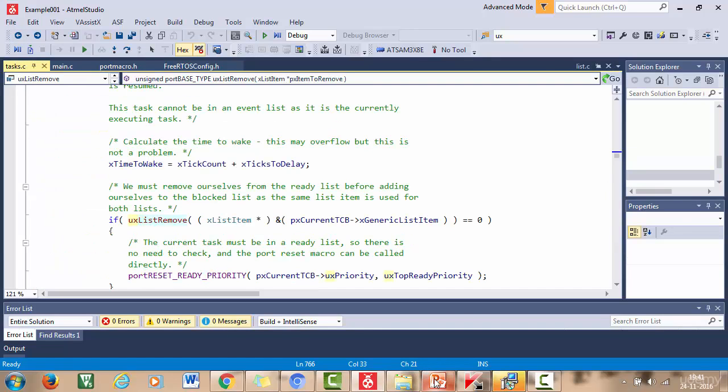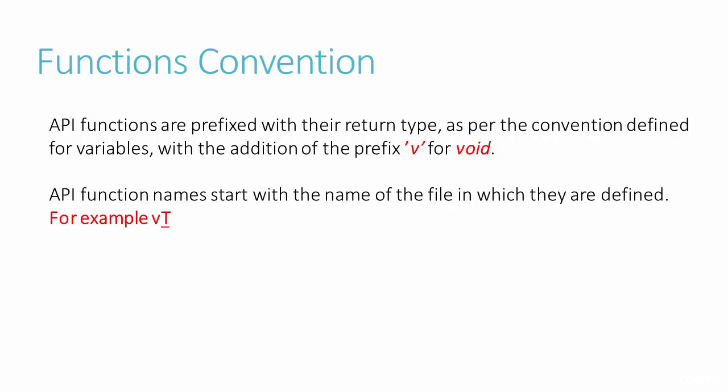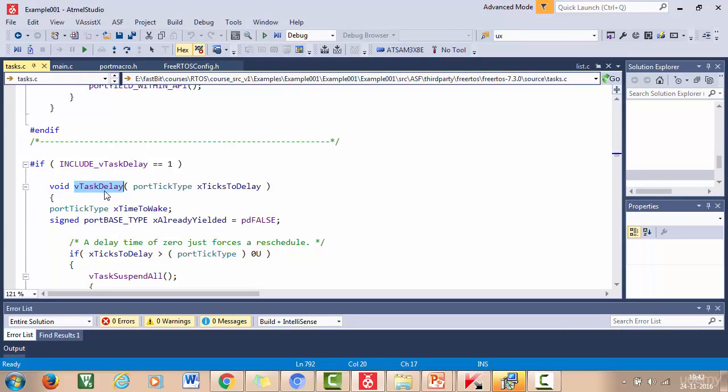So let's move forward. API function names start with the name of the file in which they are defined. For example, vTaskDelete is defined in task.c and has a void return type. It's a very interesting point. Take a look at this function name. As I told you, the v indicates it doesn't return anything, hence its return type is void.